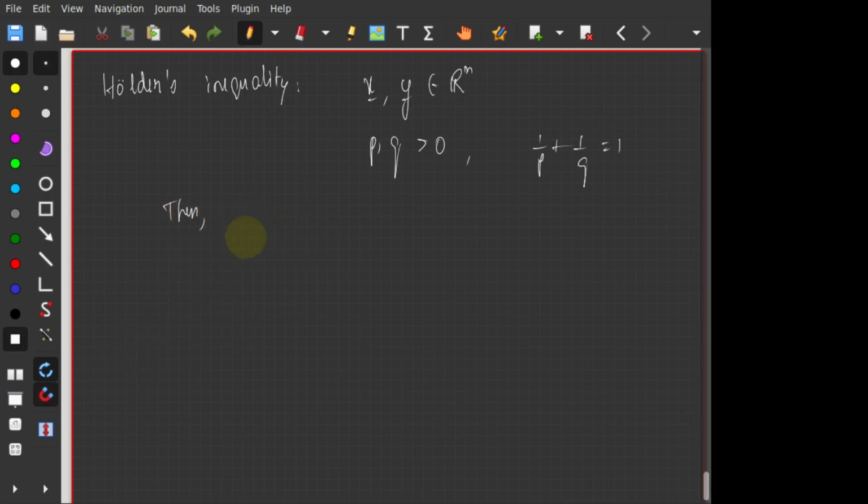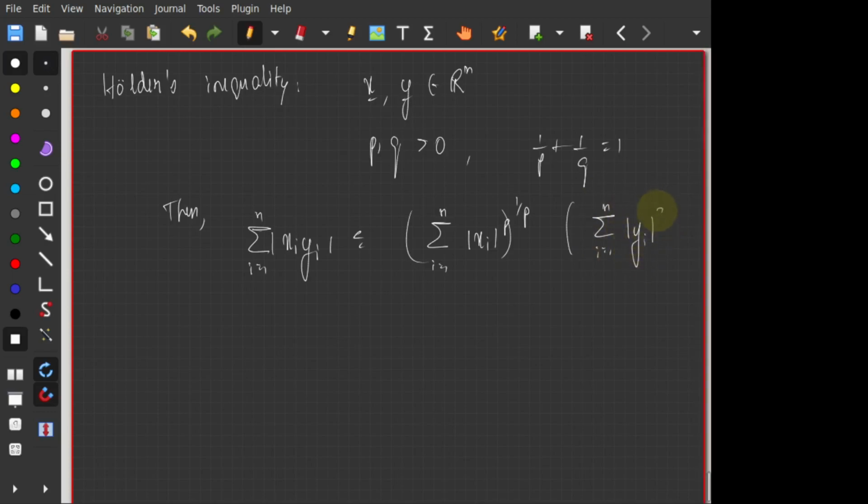Then the inner product of x and y is less than or equal to the P norm of x times the Q norm of y. We also need P to be strictly greater than 1.